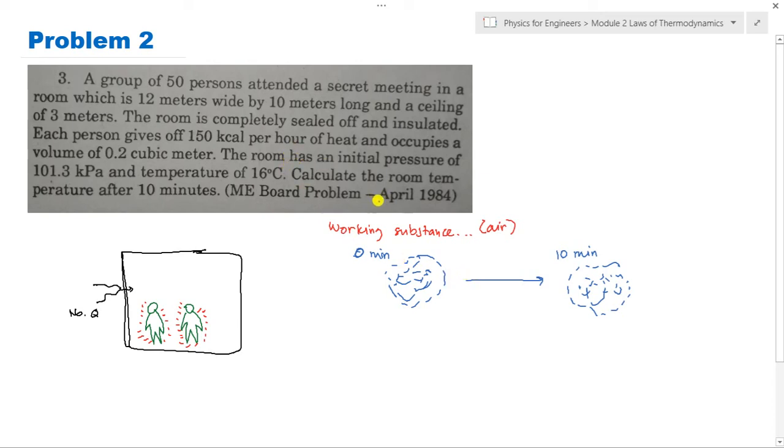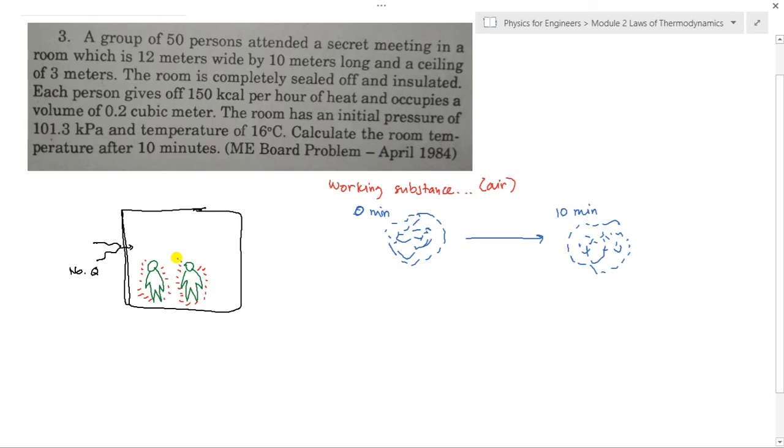The problem asks to calculate the room temperature after 10 minutes. Looking at this illustration, no heat is added to the air, so we can say that this is adiabatic. However, there is a twist. For adiabatic, we would automatically use the work formula 1 over 1 minus k times P1V1 minus P2V2.